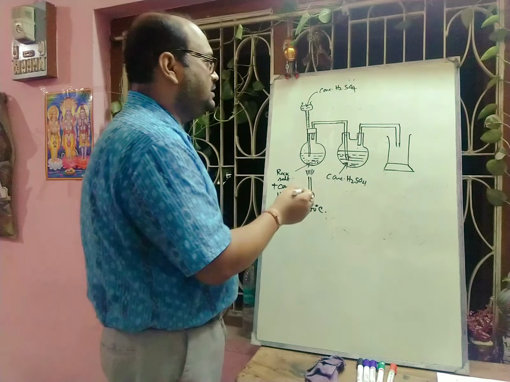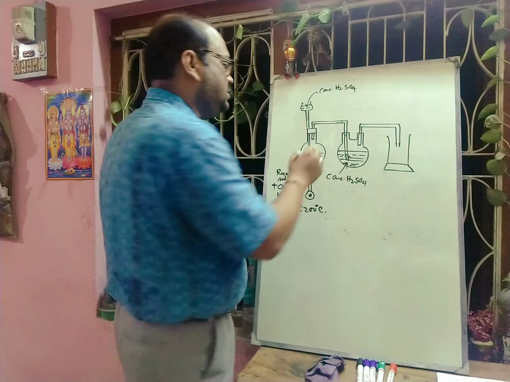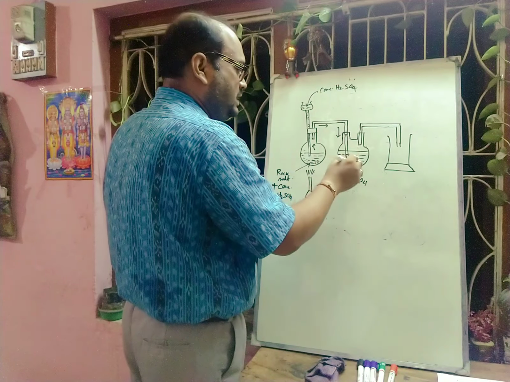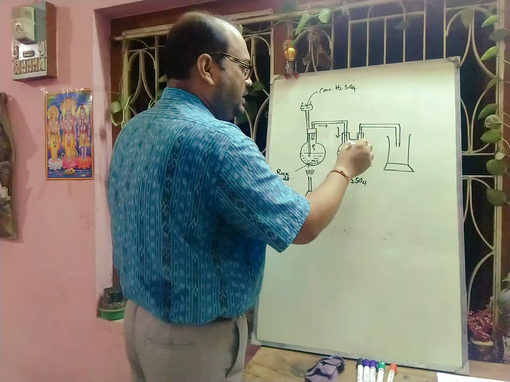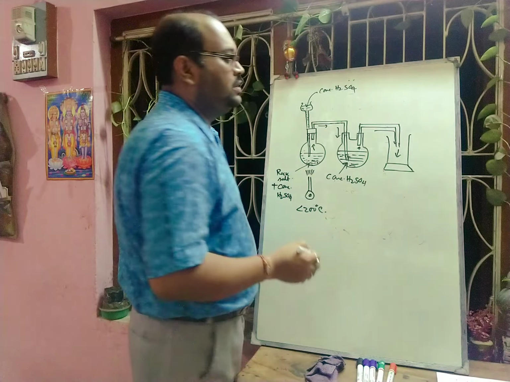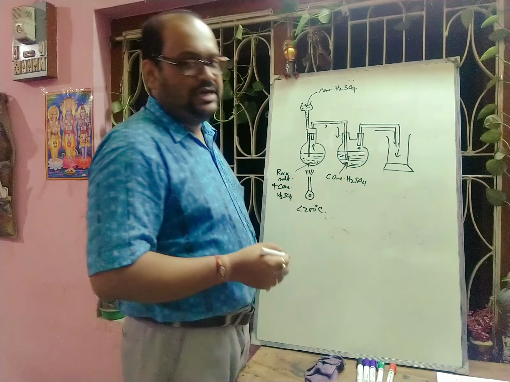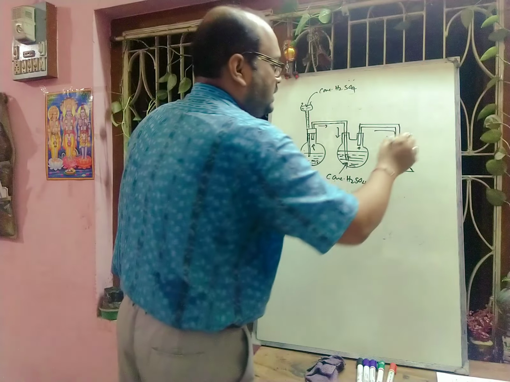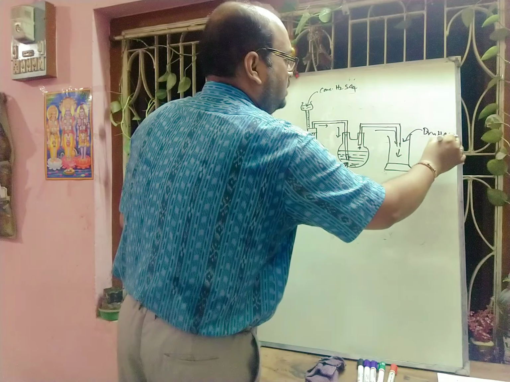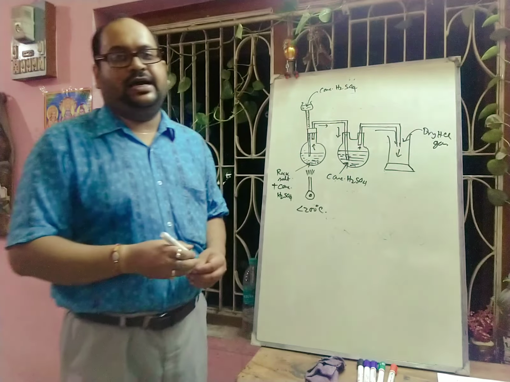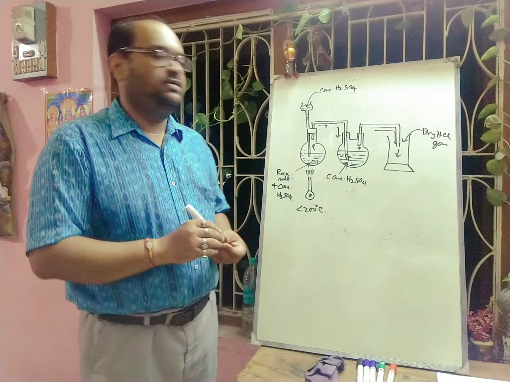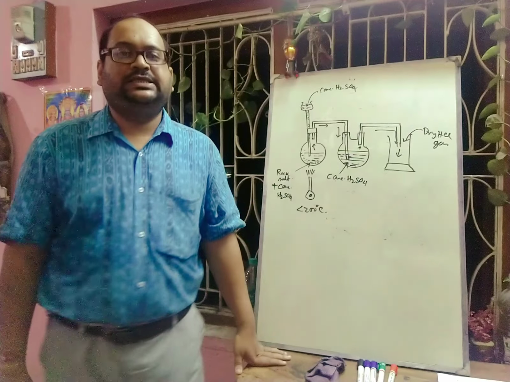And what will happen? According to the reaction, there will be formation of HCl gas. HCl gas will form, and then it will pass through this concentrated sulfuric acid, then it will be collected into this gas jar. Here is the dry HCl gas by upward displacement of air. So this is the setup for the preparation of HCl gas.